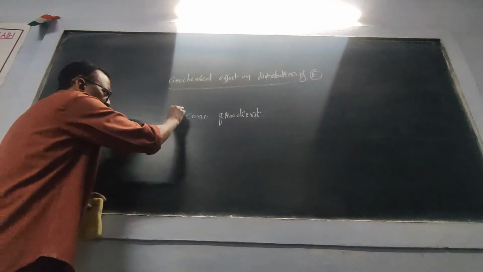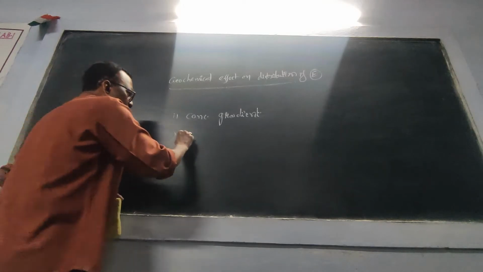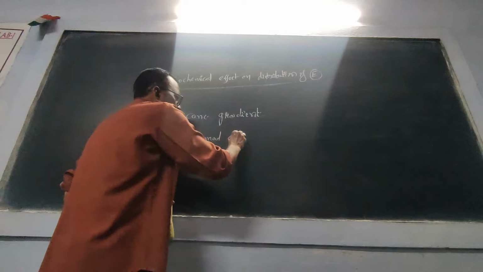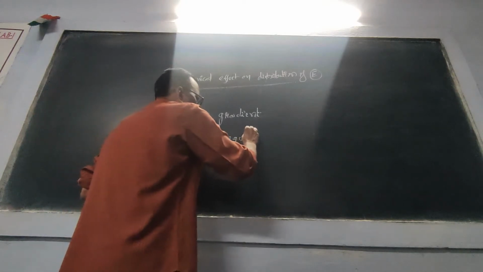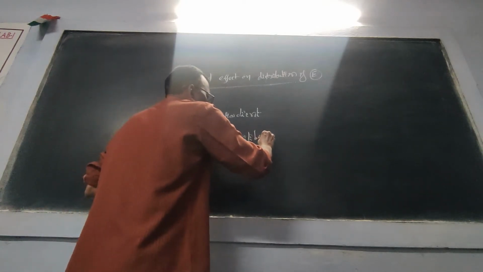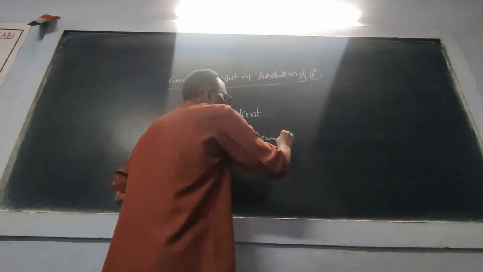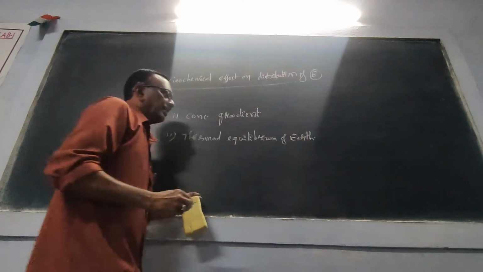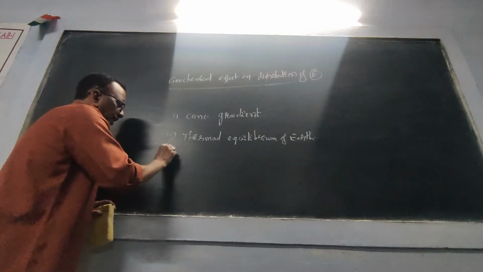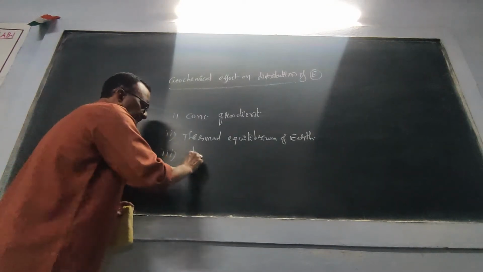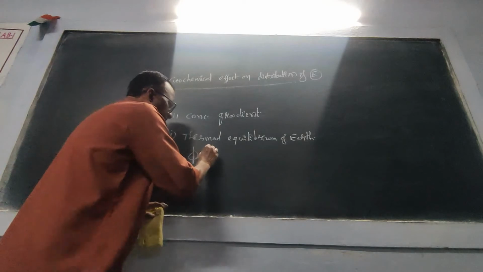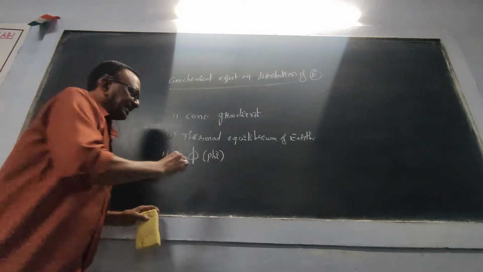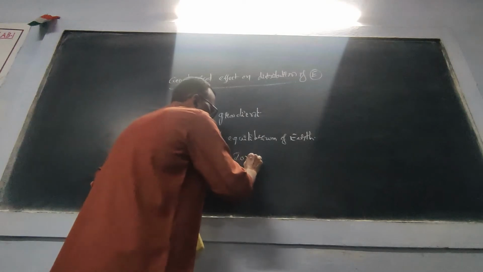So this is number one, and secondly we have thermal equilibrium of Earth. Then we have this, which should be read as pi, Phi. So that is nothing but ionic potential.